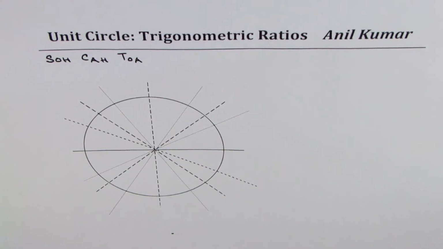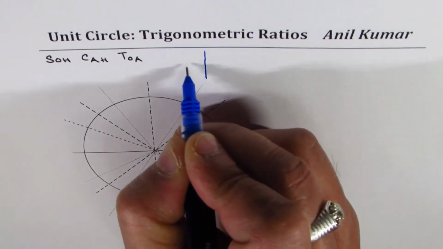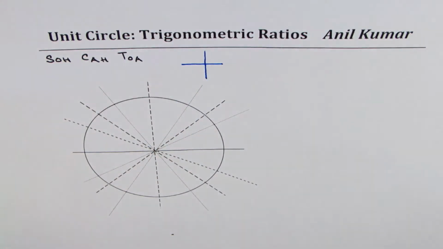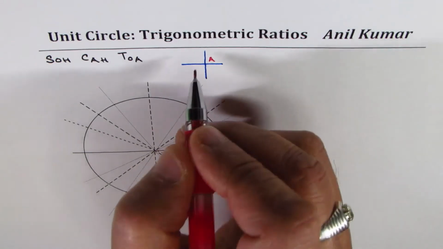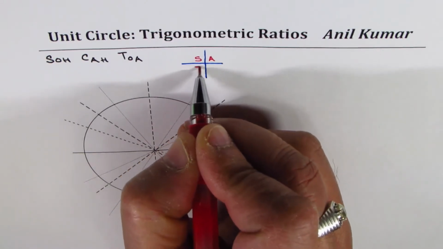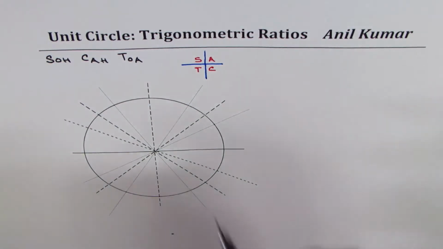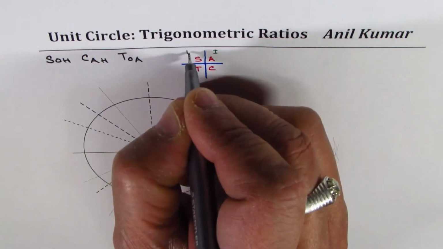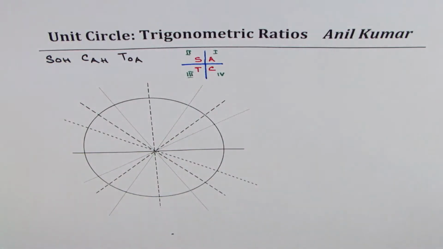Another thing which you need to know is, in these four quadrants, what is positive where, right? All are positive in quadrant 1, sine in 2, tan in 3, and cosine in quadrant 4. So we're talking about these four quadrants, which are 1, 2, 3, and 4, correct?